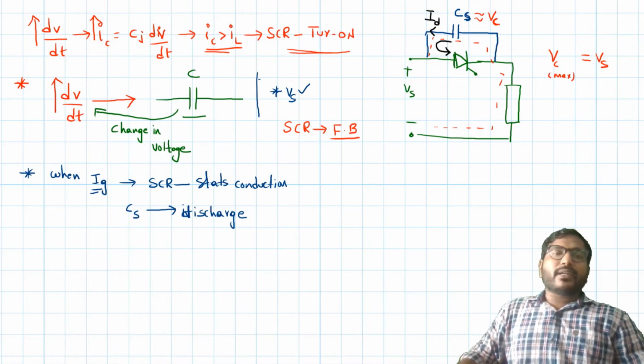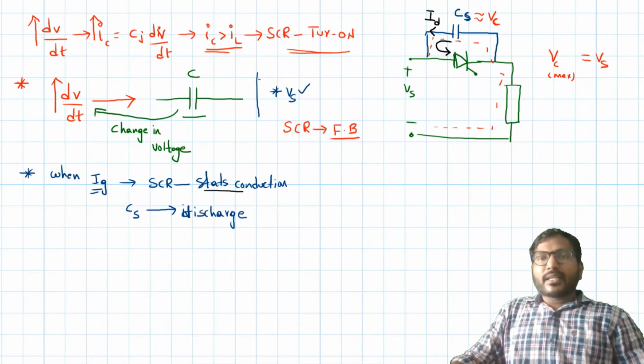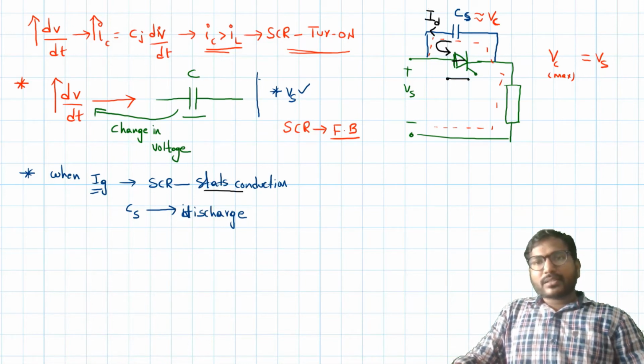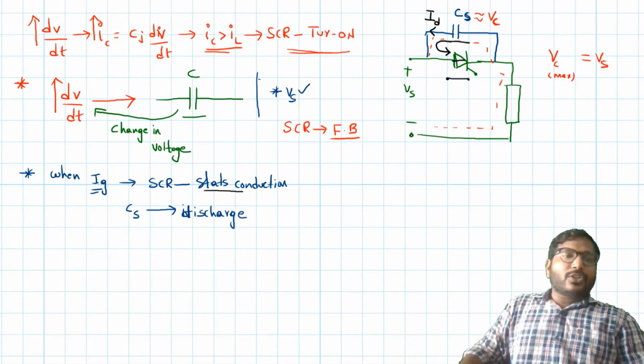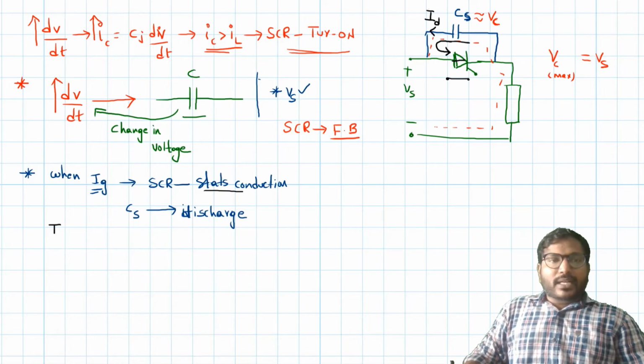When the SCR starts conduction, it acts as a short circuit or a closed switch, and the capacitor chooses this path to discharge its voltage. Concentrate on the black arrow: we can see the discharging current in this arrowhead direction. So the discharging current ID is passing through the SCR.